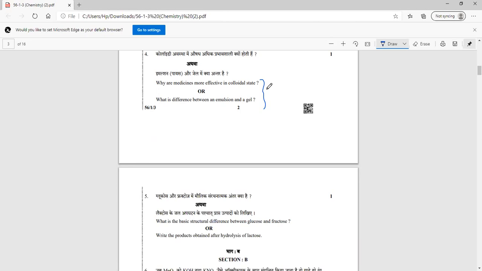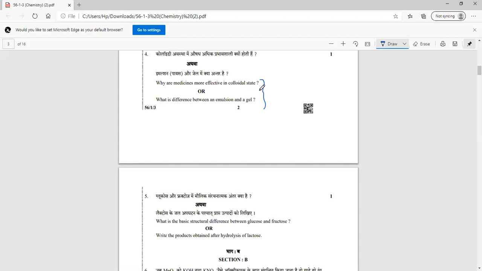Medicines are more effective in colloidal state because they have large surface area and they can spread over a larger area of the tissue. Another thing is that it will not get absorbed deep into the tissue, and it can work on the tissue's surface itself without getting absorbed into the bloodstream.